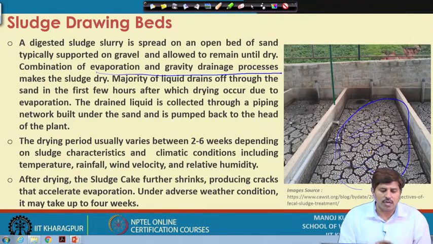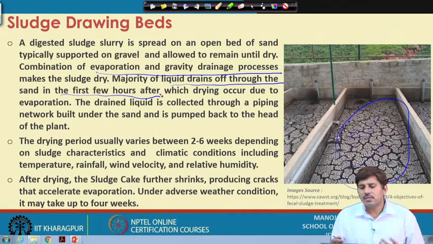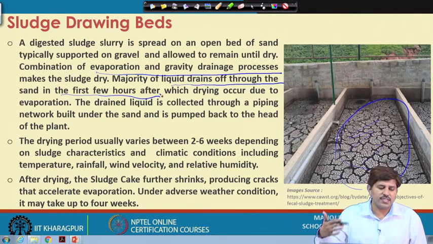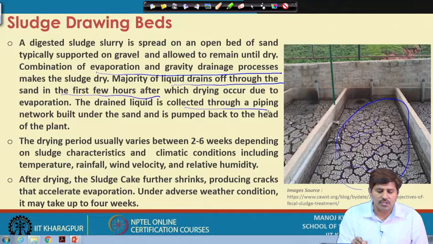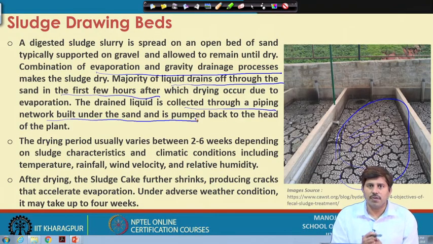and go down, whereas this liquid drains off through the sand in the first few hours only. So, this draining process is quite fast, and then slowly the evaporative drying takes place over quite some period. The drained liquid is collected through the piping network built under the sand and pumped back to the head of the sewage treatment plant.